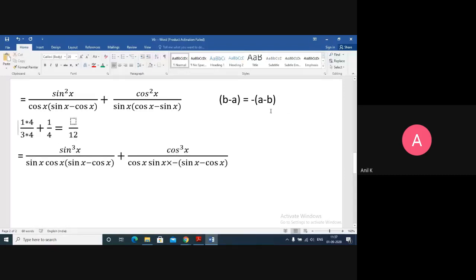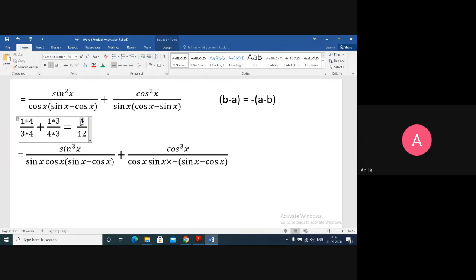And here 4 is there, and I know the LCM is 12, so I have to multiply this with 3, and the numerator also I have to multiply with 3. After making the denominators the same, 3 4s are 12, 3 4s are 12. Now the LCM is 12. Then I will write here 1 into 4 is 4 plus 1 into 3 is 3. That's what we learn in lower classes, maybe class 6, I think.